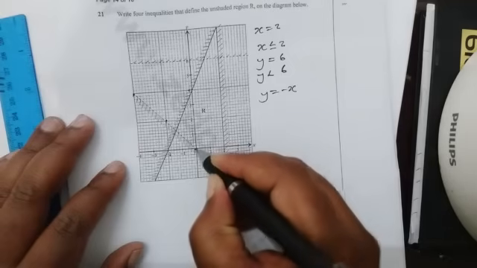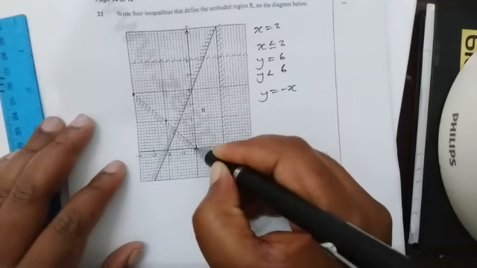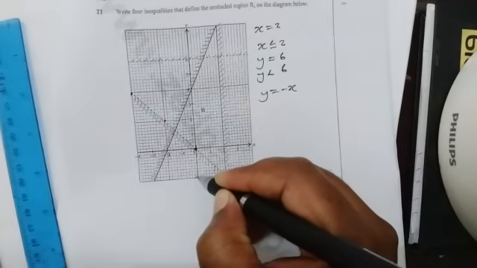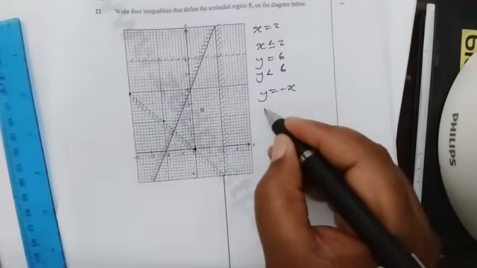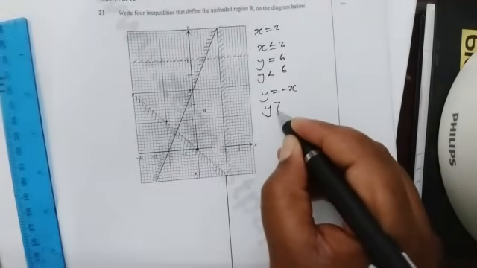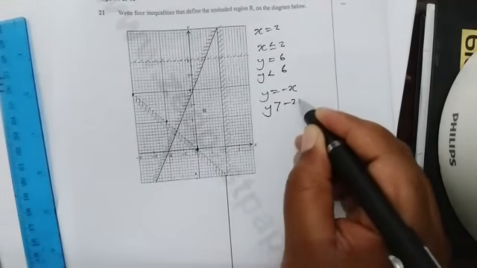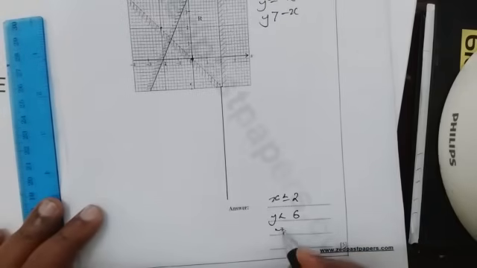From here going upwards, this side it is less, and from here going here, this is greater and this is less. Because it has the dotted line, we say y is greater than negative what? x. You come and write it, y is greater than negative x.